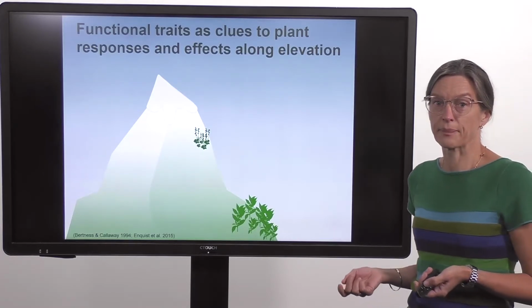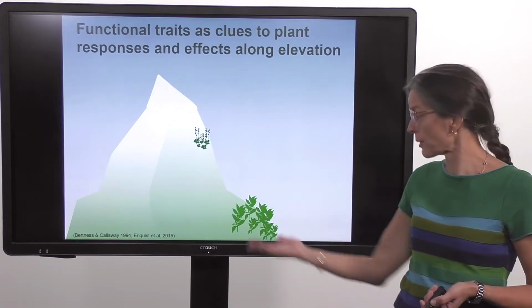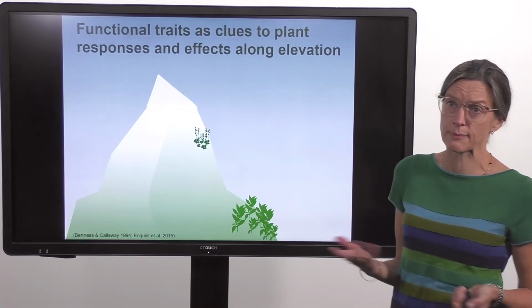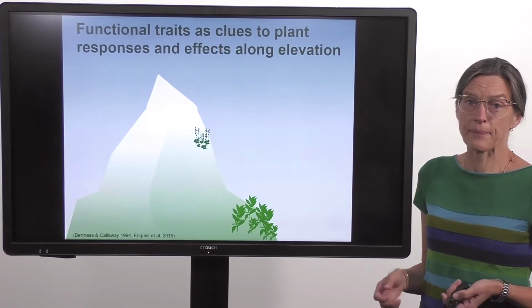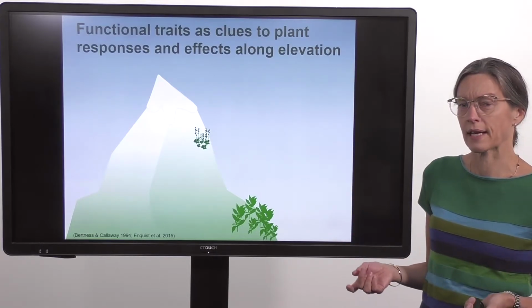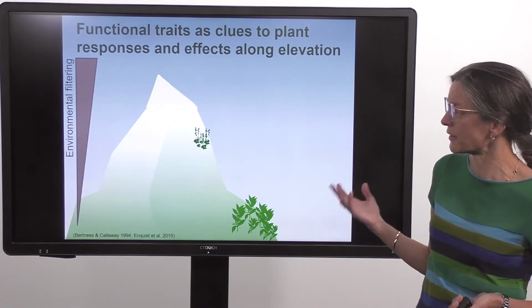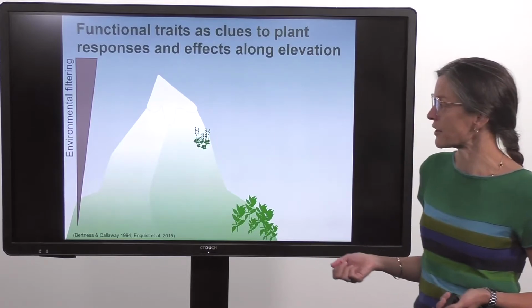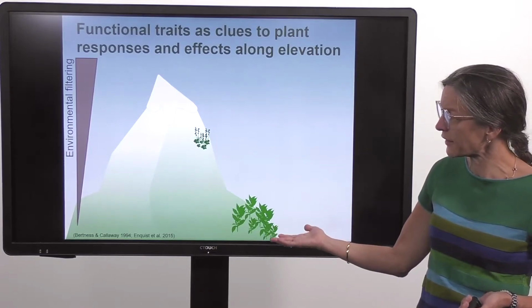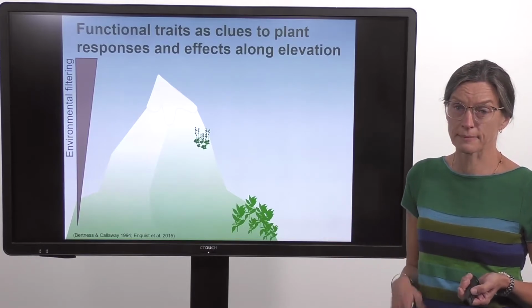So generally, based on theory, and theory going way back, but we have some examples of the more recent expressions of that here, we do expect to find stronger filtering based on environmental factors from the more mesic lowland areas to the more climatically extreme alpine areas.